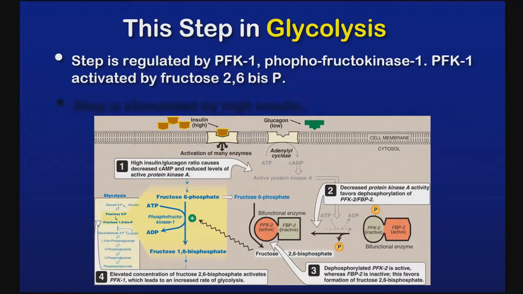Okay. The 2,6-bisphosphate is right here, which is the stimulant of glycolysis and a negative regulator of gluconeogenesis, right? So the 2,6-bisphosphate is formed by PFK2. You remember PFK1 is the glycolysis enzyme? PFK2 generates 2,6-bisphosphate. Now this enzyme is a bifunctional enzyme. It has a kinase activity, but it also has a phosphatase activity, okay?